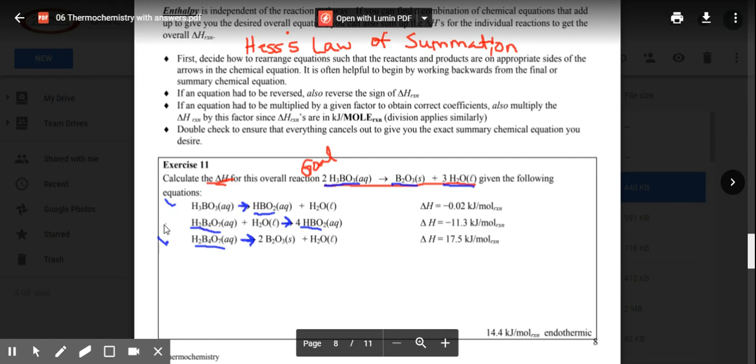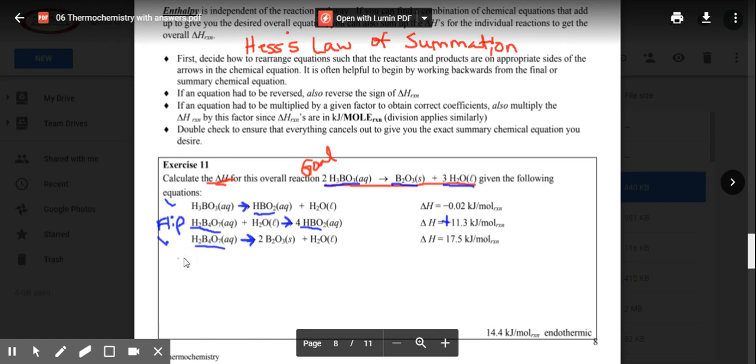So what that tells me is that I want to flip this equation so that maybe I can eliminate those things. Now, the rule is, if I flip this equation, I also have to flip my sign for my delta H. So instead of this delta H being negative 11.3, I now am going to make that a positive 11.3.